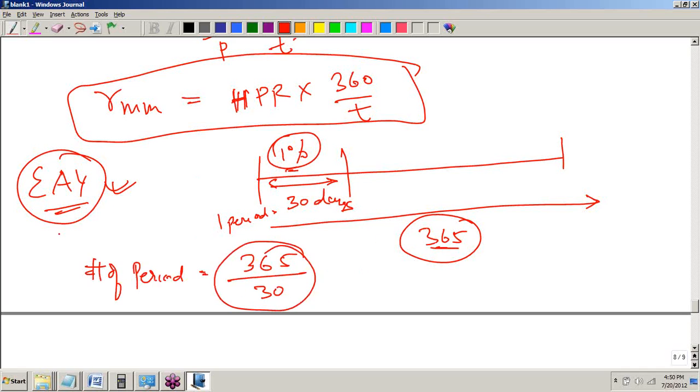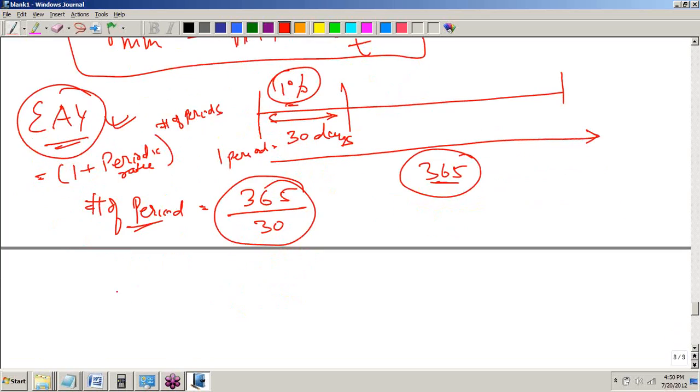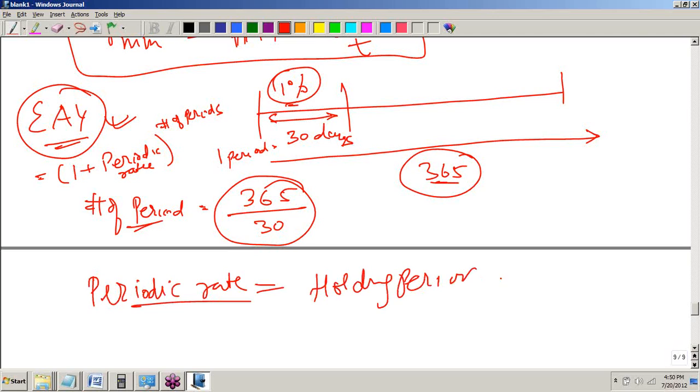The effective annual yield formula that we had learnt was 1 plus periodic rate to the power number of periods. So we are essentially finding the number of periods, and we are also interested in finding the periodic rate. Periodic rate is nothing but the holding period rate or holding period return, right?